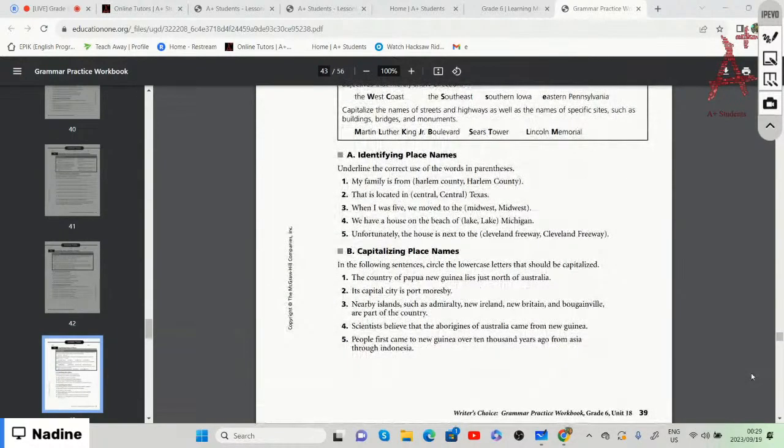So we're going to identify place names. We're going to underline the correct use of the word in the bracket. My family is, the first one, Harlem county? Or the second one, Harlem County with a capital letter H and C?